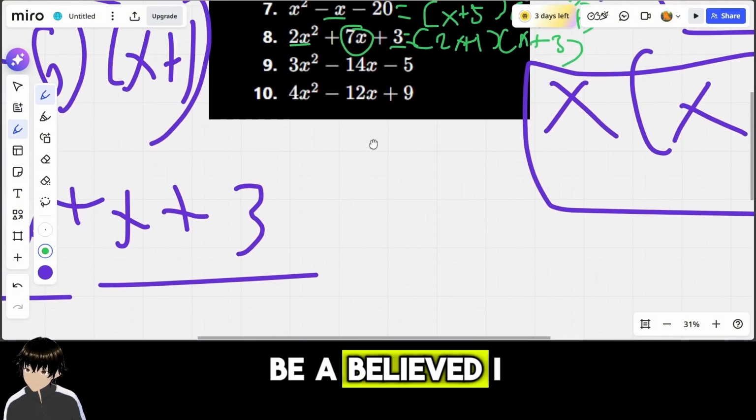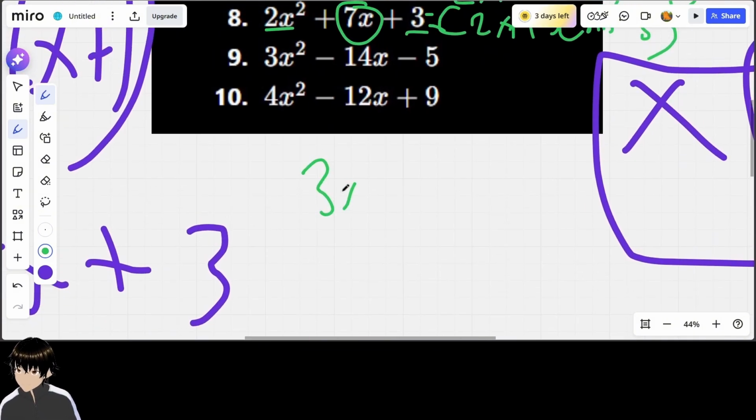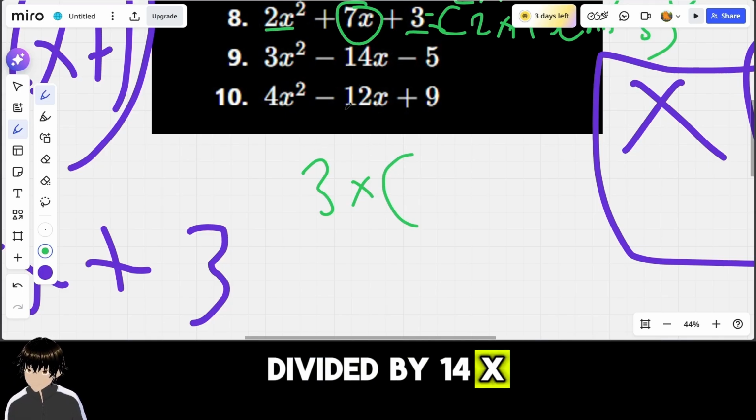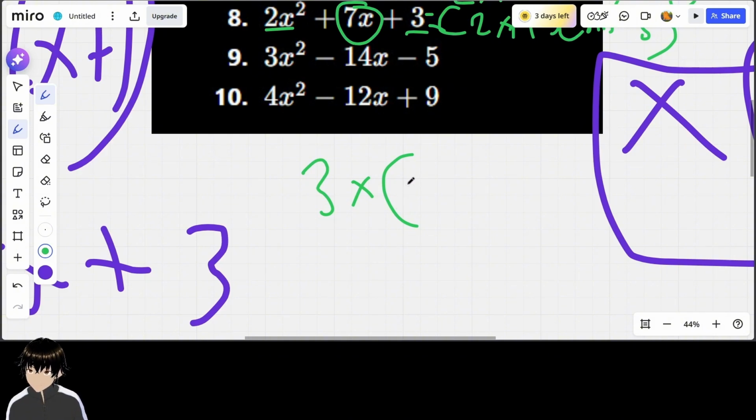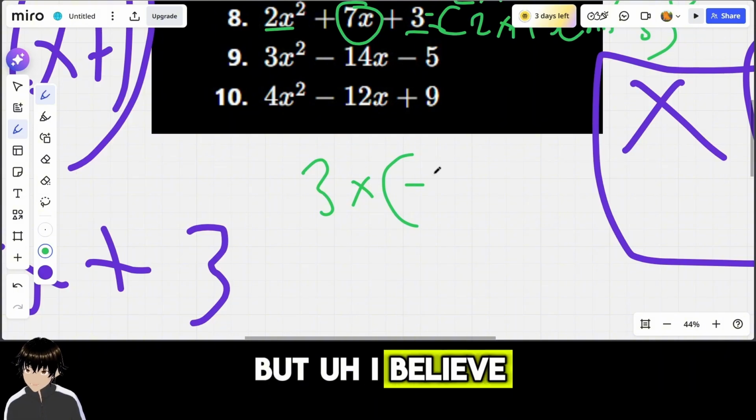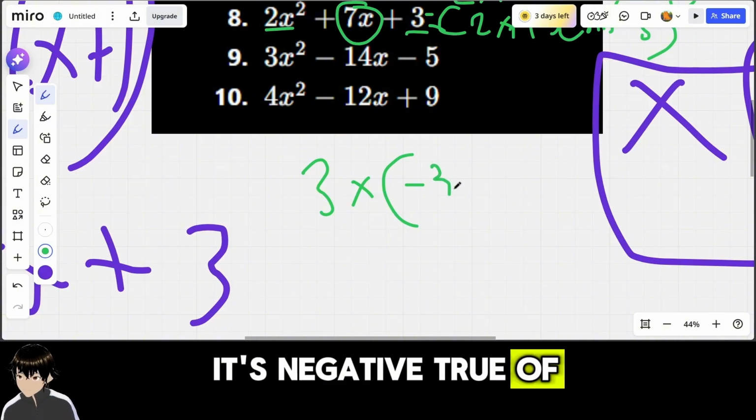So it's going to be, I believe, 3x, and negative 14x.